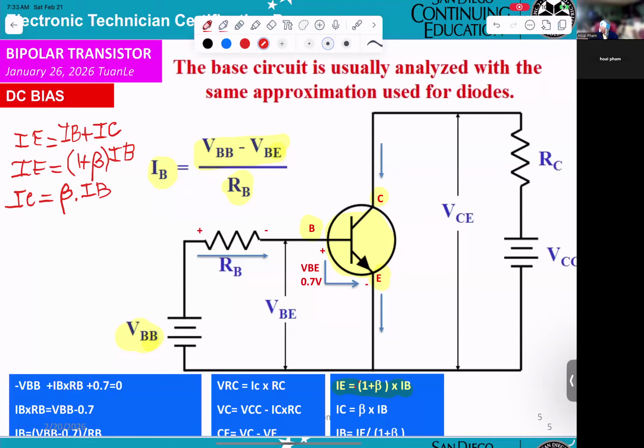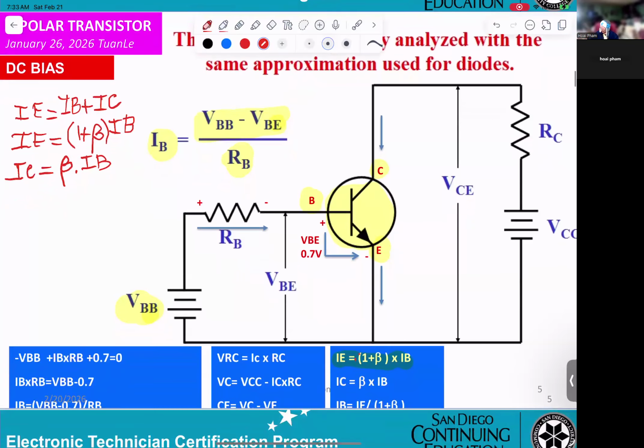Okay, so basically, that's just the circuitry they give you for one of the basic calculations. Okay, you want to calculate the IB, or you want to calculate the VRC. VRC, okay, that means the concept here. If you get IC, you times RC, you get VRC.